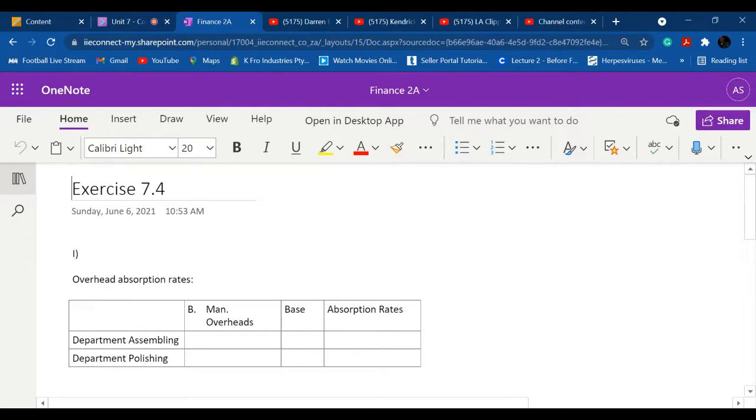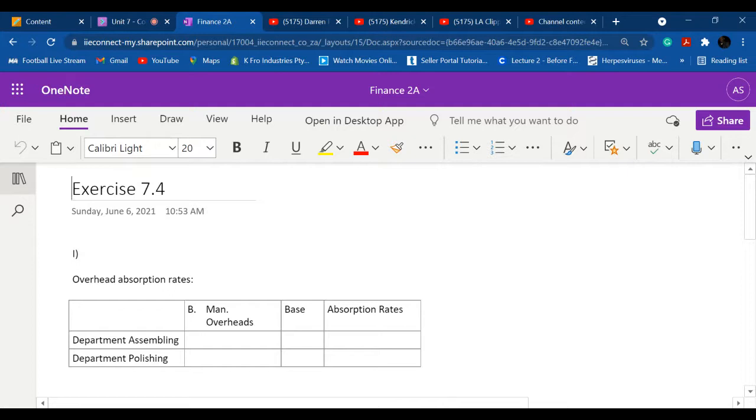For department polishing, our manufacturing overheads is 82,500. Right, and let's finish up. Direct labor hours, our base, right? Our base for department assembling is 13,500. For department polishing, it is 15,000. Okay, cool.